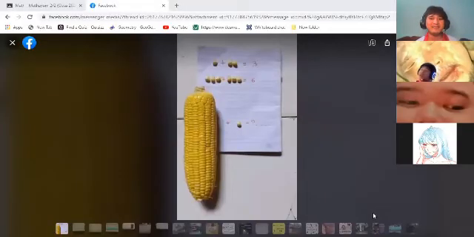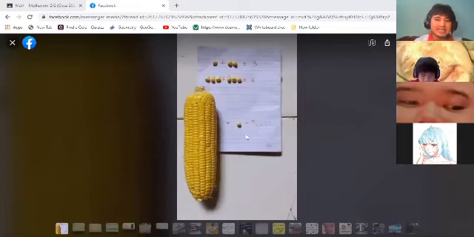Here you go. Okay, so I have 1 bit of corn. It's corn bits. So on the first picture, I have 1 bit of corn plus 2 bits of corn equals 3. Next, I have 3 bits of corn plus 3 bits of corn equals 6.